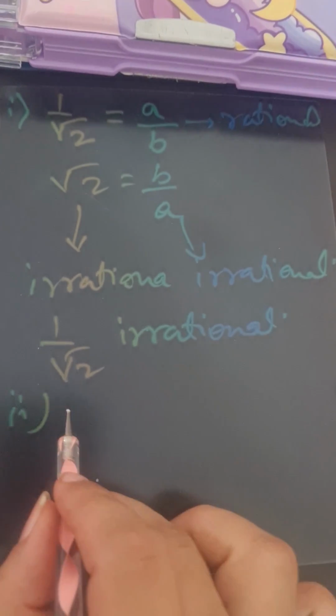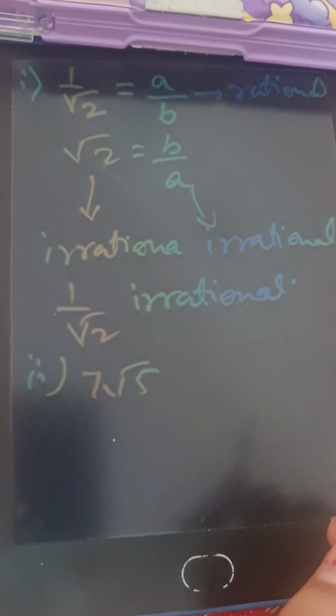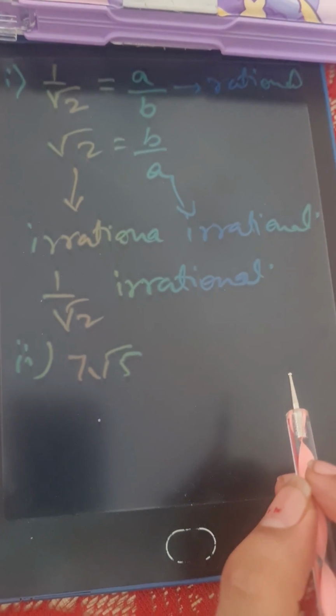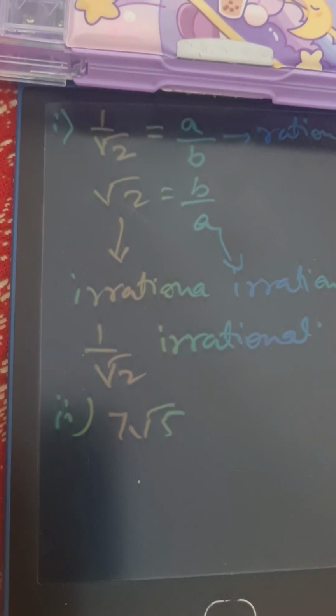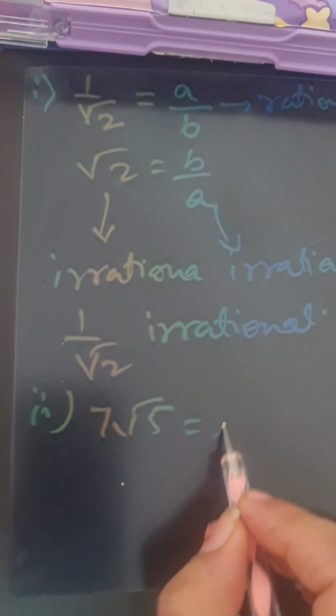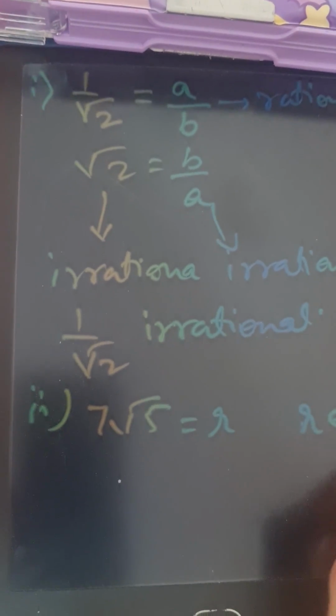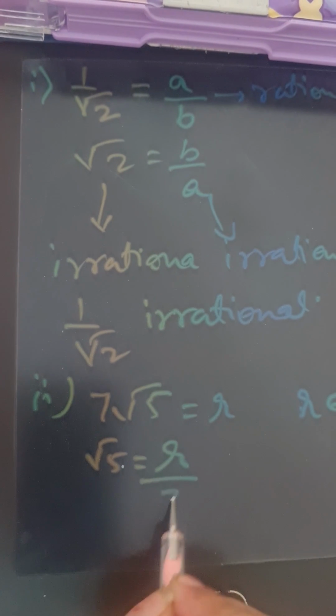Now the second part is 7 root 5. Let's assume that 7 root 5 is a rational number. Hence it can be represented as 7 root 5 is equal to r, where r is some rational number. Root 5 is equal to r upon 7.